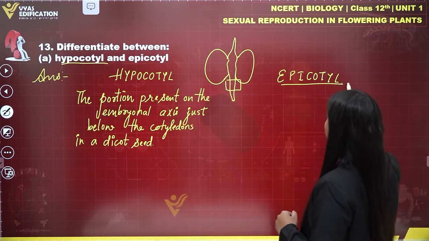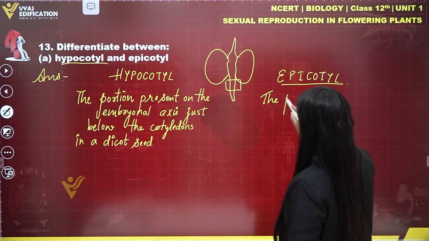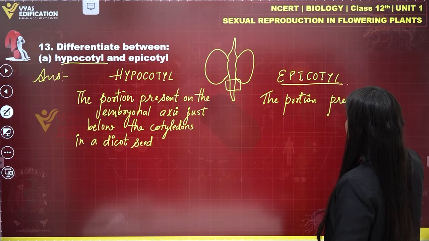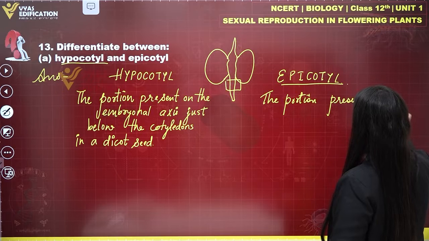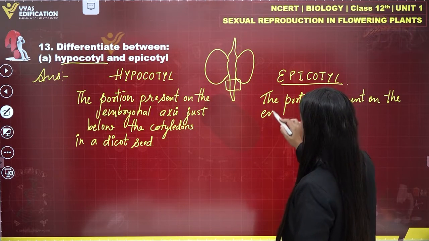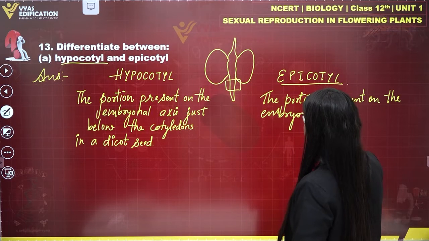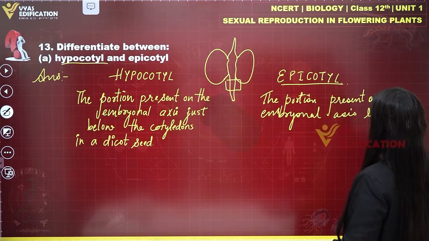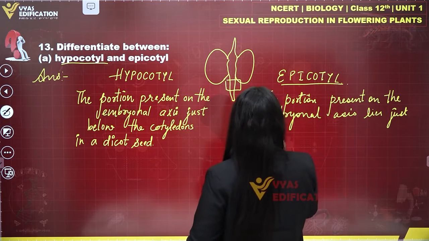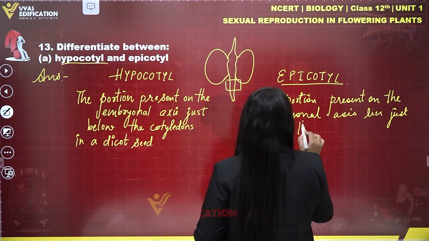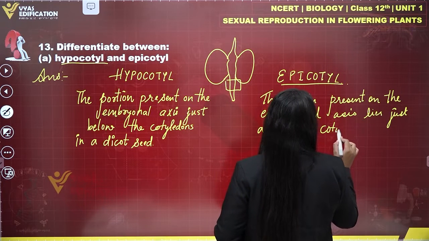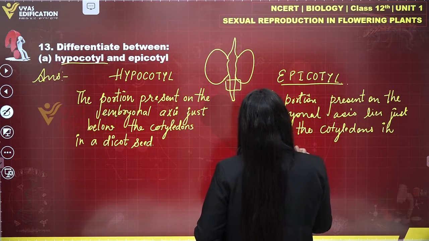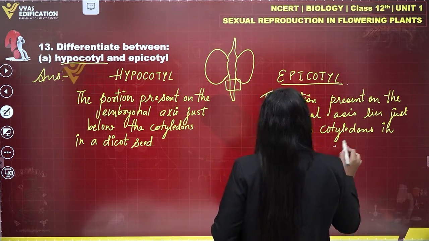And if we talk about the epicotyle, then this is the portion present on the embryonal axis that lies just above the cotyledons in a dicot seed.